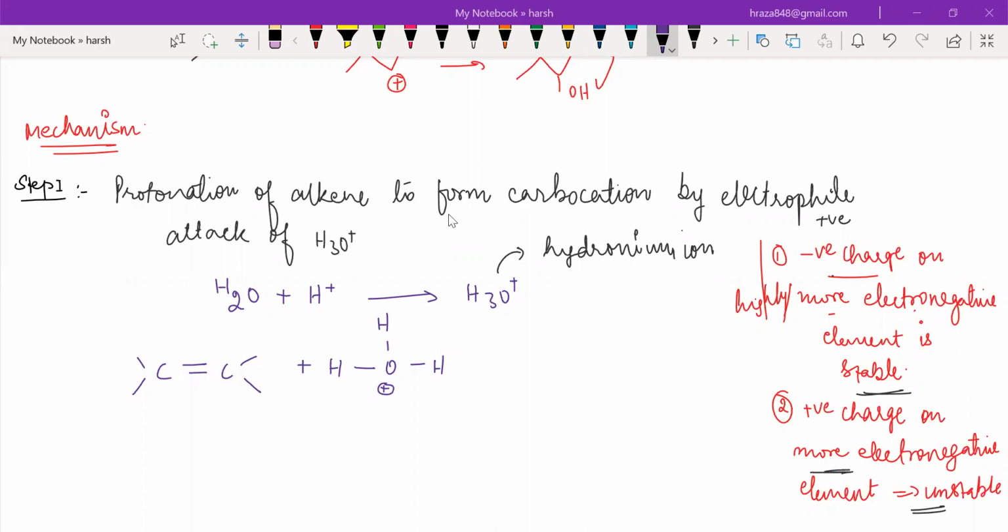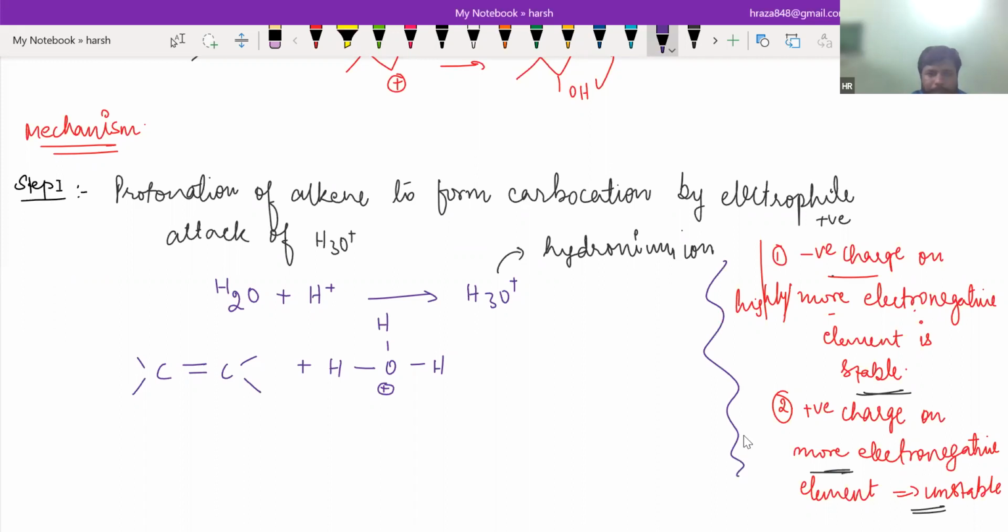Next. So the second part will be positive charge on less electronegative element is unstable, No. right? Yeah. After this, na? Yeah, after the second one, This, sir.